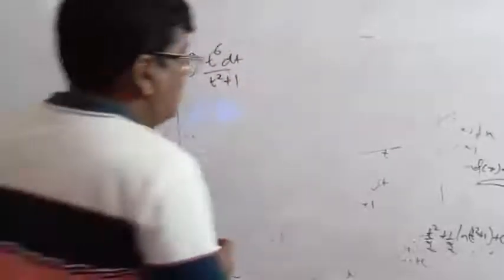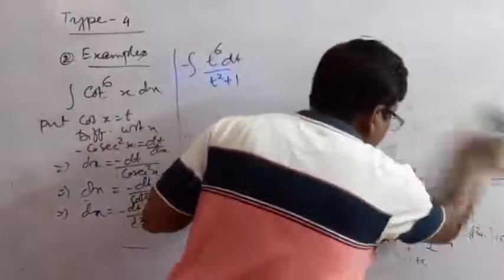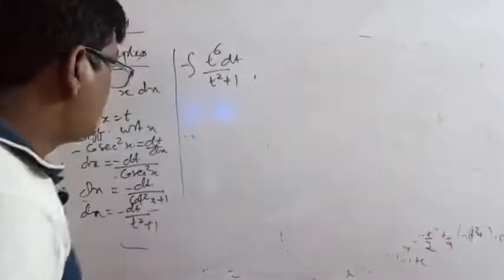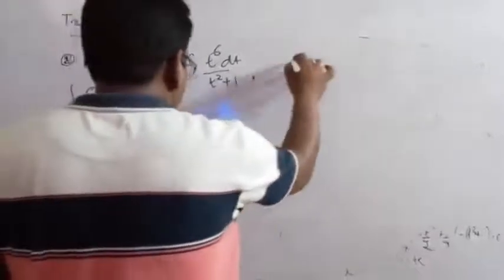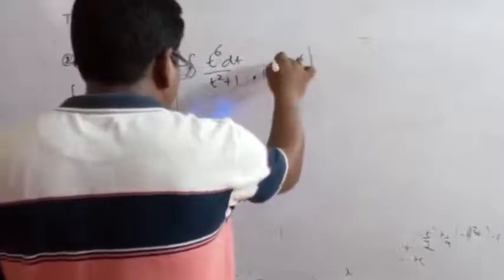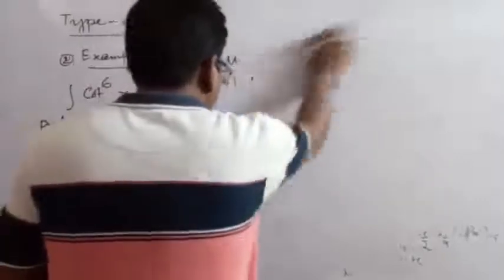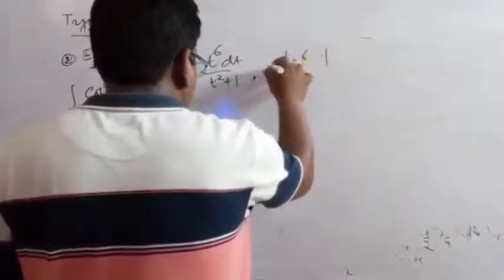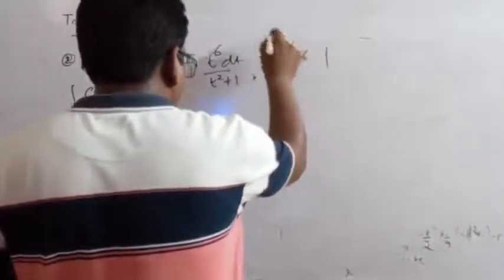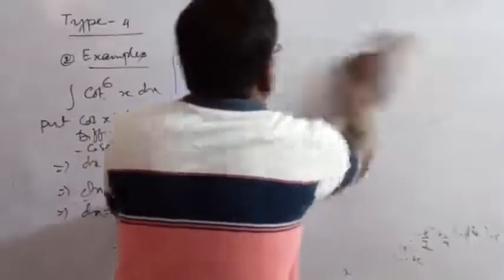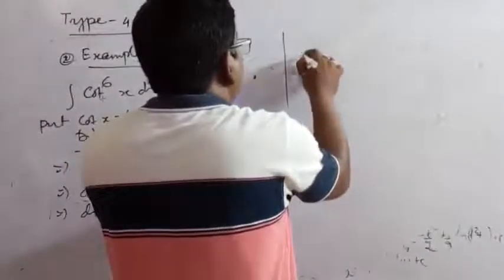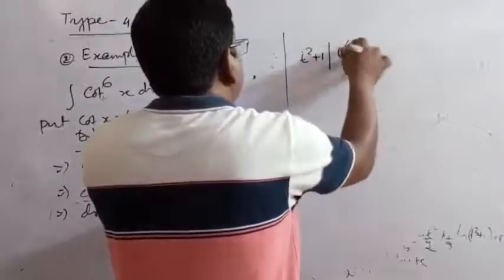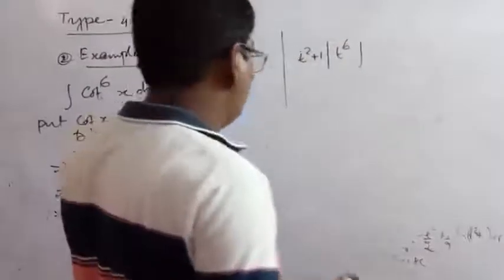Apply the division formula, that is t to the 6 by t square plus 1. This is rough work. Suppose we divide t to the 6 by t square plus 1.